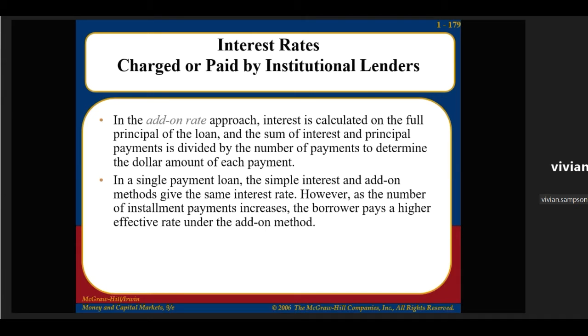Calculate the total interest if the borrower is to pay over a period of 5 years.